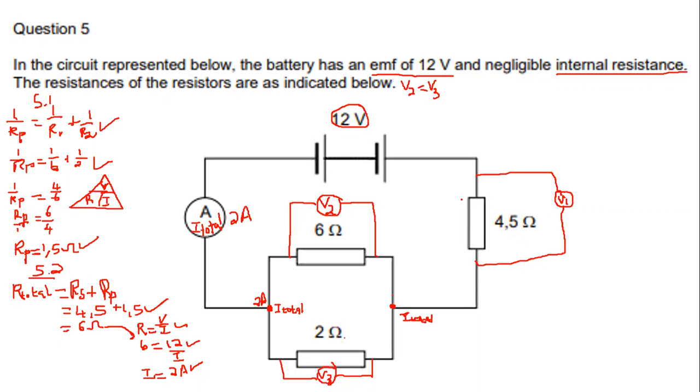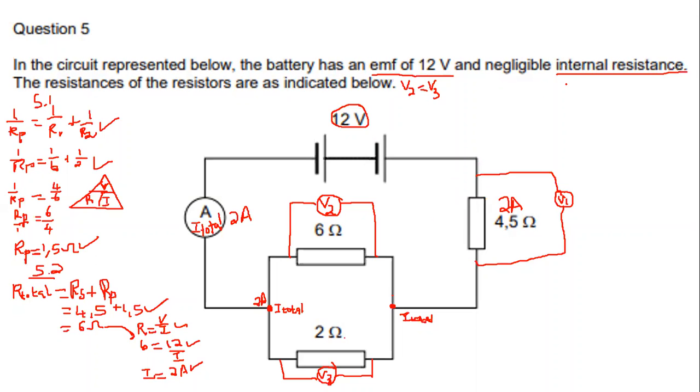And after you know how much was used there, you will know how much will be left for the 2 ohm resistor and the 6 ohm resistor. So you work out the voltage that was used here. Definitely, we said this resistor is in series because it receives the total current. So it means the current there is definitely 2 amperes.